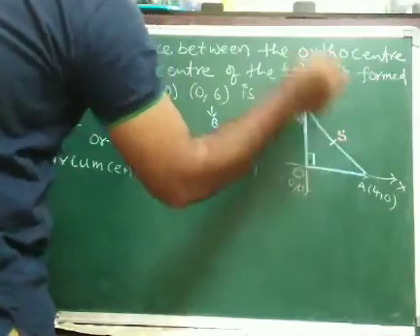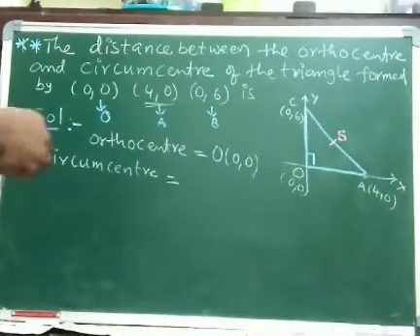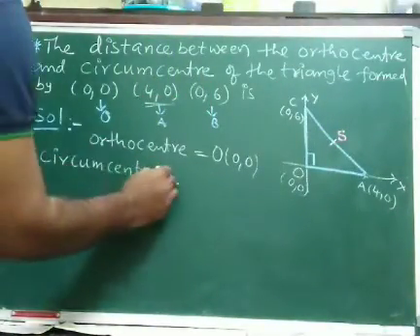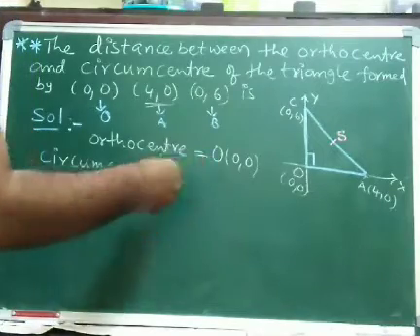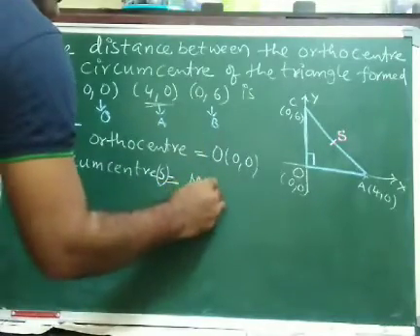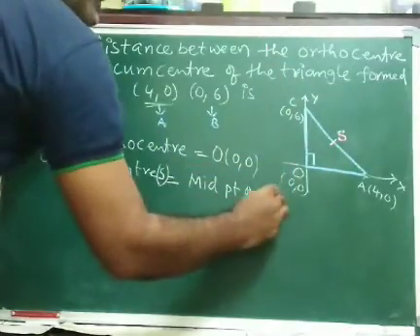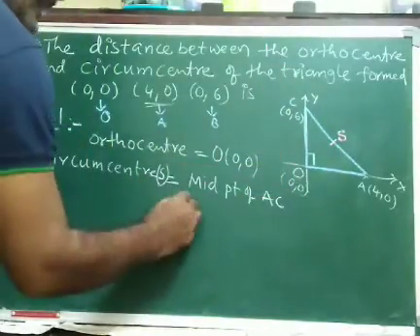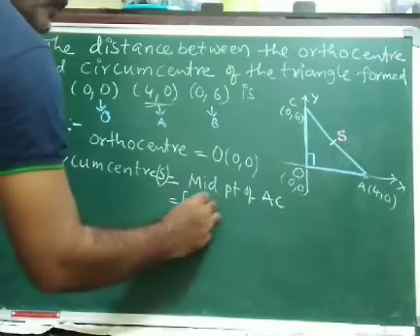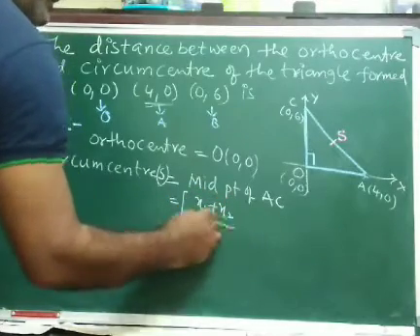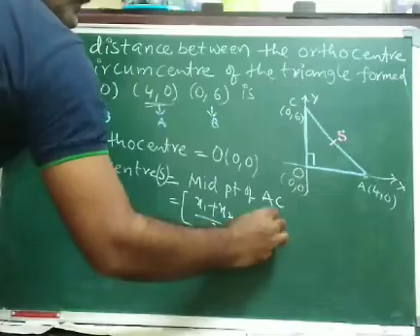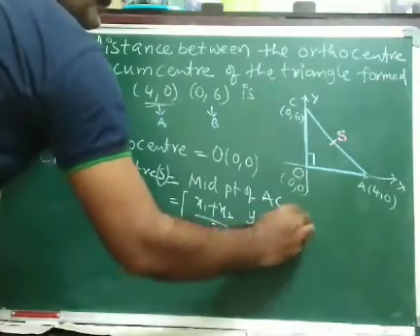So the circumcenter, say S, is equal to the midpoint of AC. So we can find it using the midpoint formula. What is the midpoint formula? x1 plus x2 by 2 comma y1 plus y2 by 2.